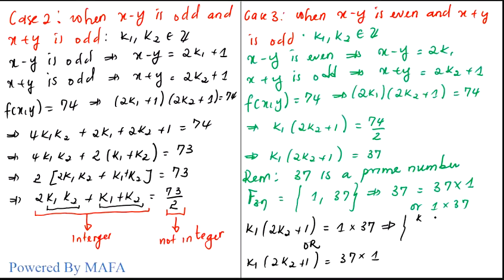Either k1 is equal to 1 or 2k2 plus 1 is equal to 37, and either k1 is equal to 37 or 2k2 plus 1 is equal to 1. Now let's solve these two equations separately and we get the values of k1 and k2.